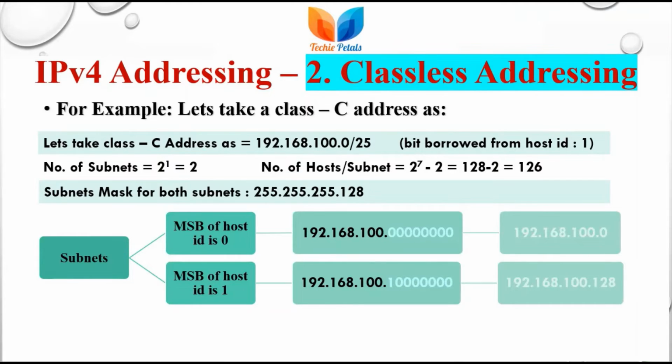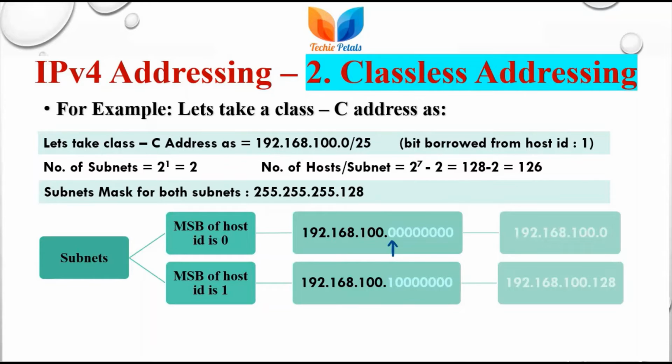Next, what can be the possible networks? Now we have to find out the network starting address, or network or subnet address. Two conditions are possible. If you are using 1 bit of the host ID, then that can only be the first bit of your host octet.